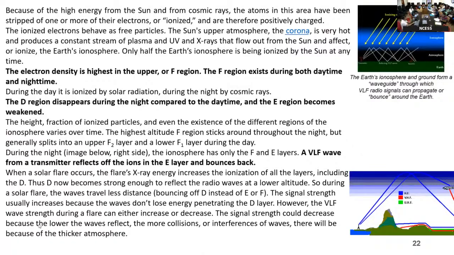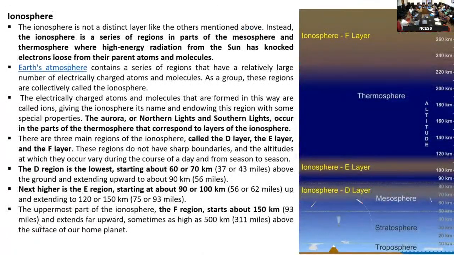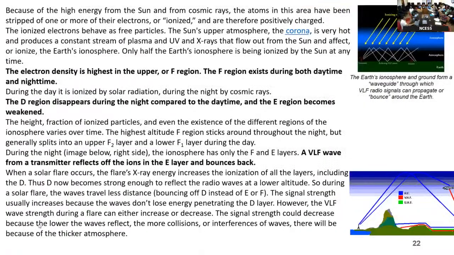Most of the time the F region is most prominent, and it will always be there due to the continuous availability of solar radiation. But the other regions, D and E, have diurnal variations.